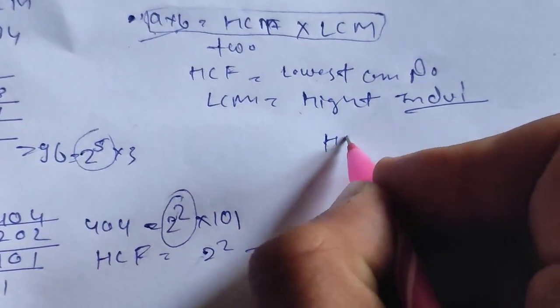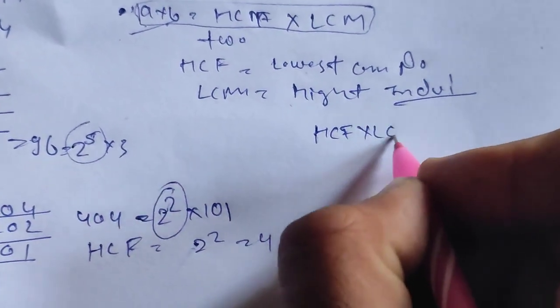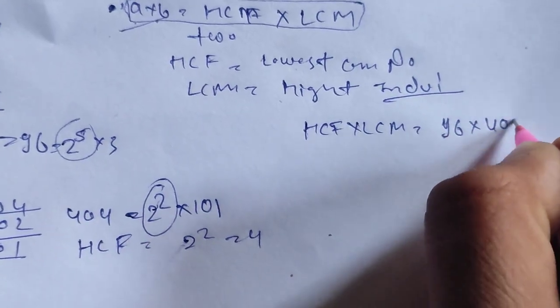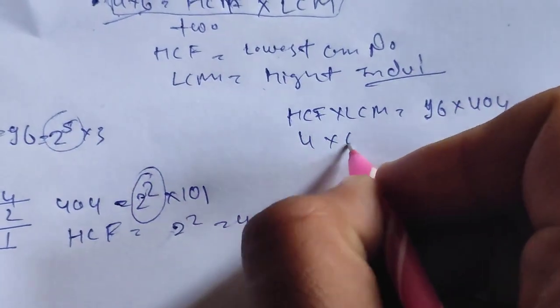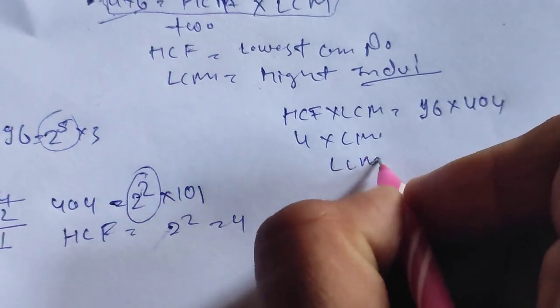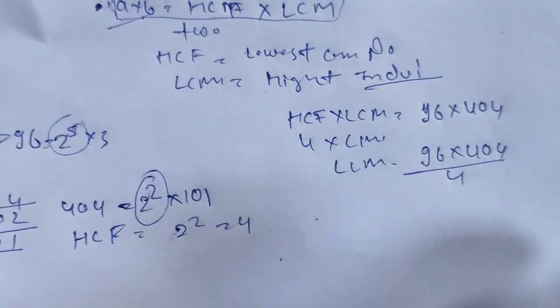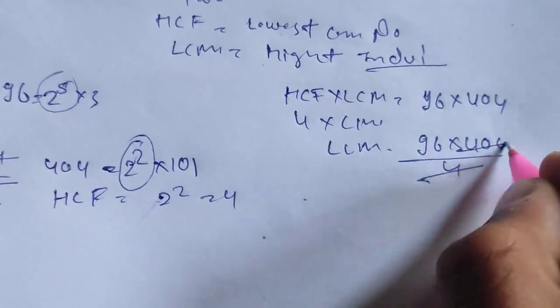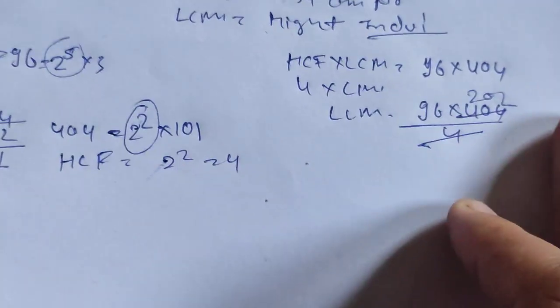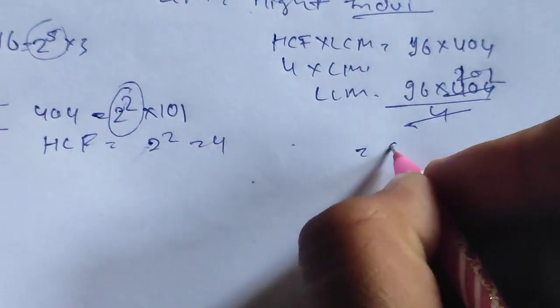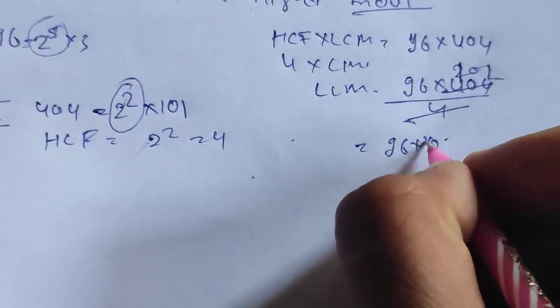The HCF into LCM equals 96 into 404, so 4 into LCM equals 96 into 404. So LCM becomes 96 into 404 divided by 4, which is 96 into 101.